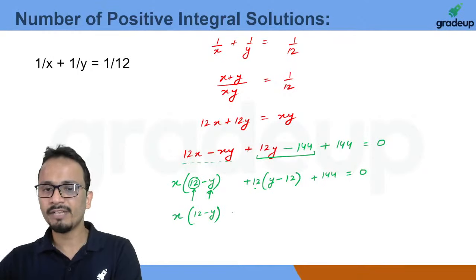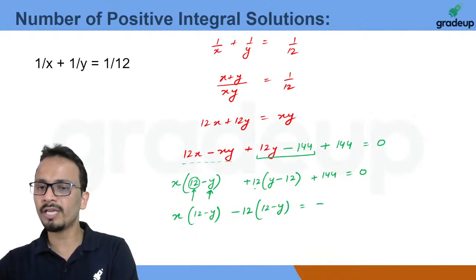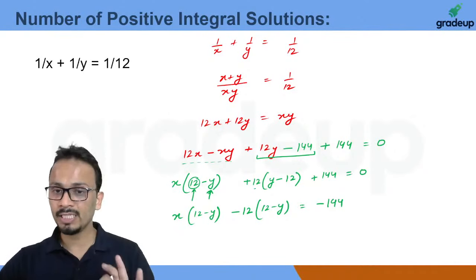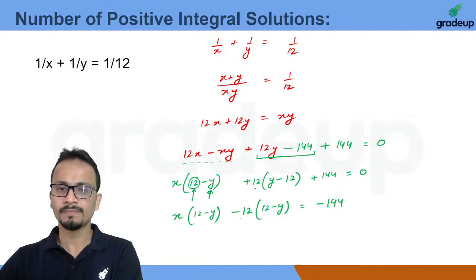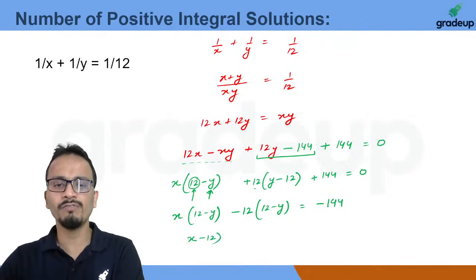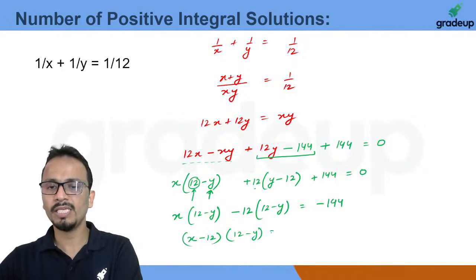Now I'll take the negative sign common, minus 12, and it will become 12 minus y. And 144 taken on the right hand side will give me minus 144. I'm again going step by step. Now taking 12 minus y common, I'll be left with x minus 12. So x minus 12 into 12 minus y equals minus 144.